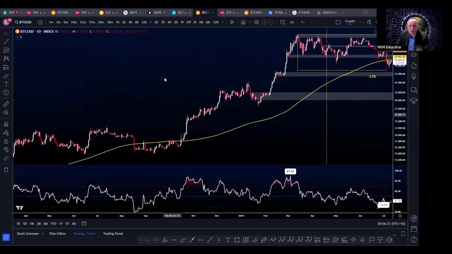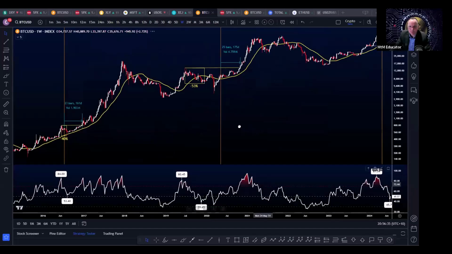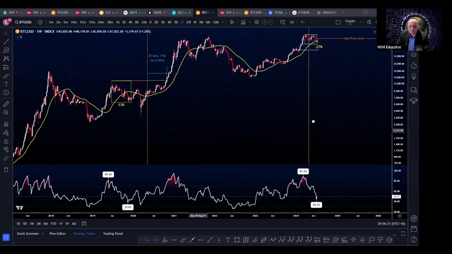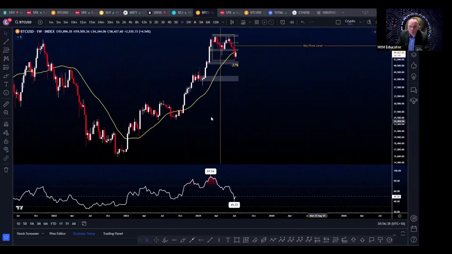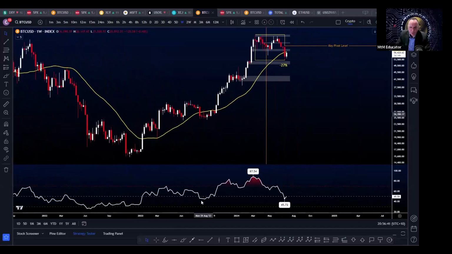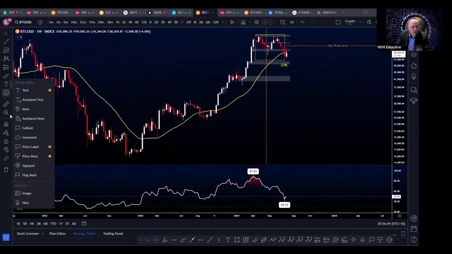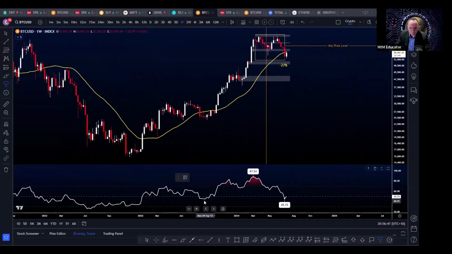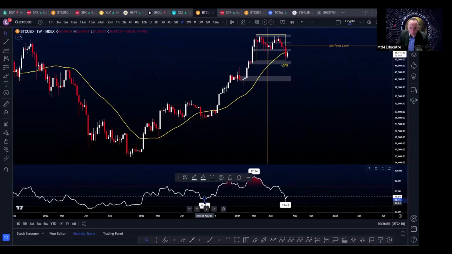If we look at where we were on a weekly basis from an RSI perspective, over here, we were at a 46 level, and we're now at a 45 level.